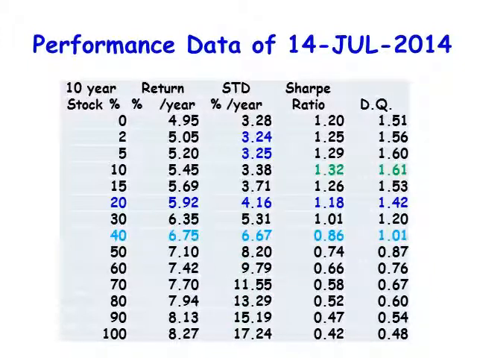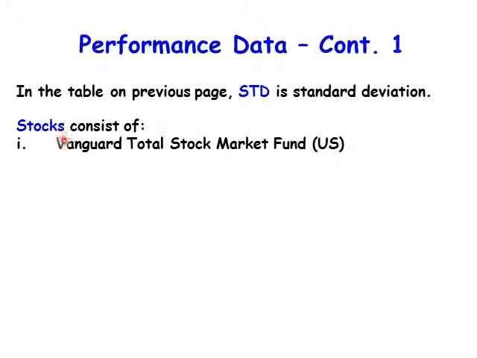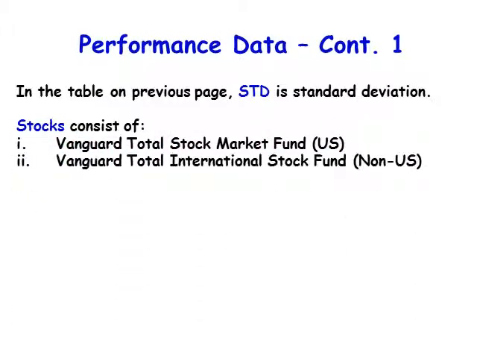Okay, let's continue here. STD is standard deviation on the previous charts. Stocks consist of two funds: the Vanguard Total Stock Market Fund, which is the US part, and the Vanguard Total International Stock Fund, which is non-US.